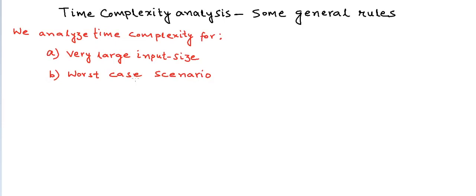Now, if we have a function defining the running time of an algorithm like T(n) equal to n^3 plus 3n^2 plus 4n plus 2, then for very large input sizes, these lower order terms like 3n^2 plus 4n plus 2 will become insignificant in comparison to the n^3 term.